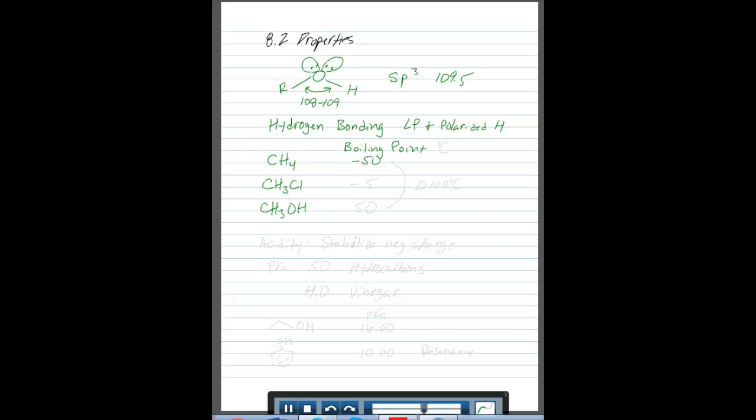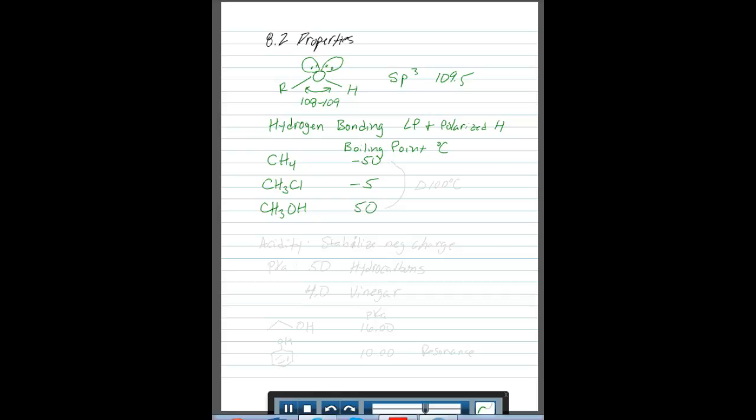Boiling point is -50. Remember, those are the van der Waals forces, or the London dispersion forces. With the methyl chloride, you have dipole-dipole bonding. So the boiling point is still much higher than methane, but still pretty low, -5. This is degrees Celsius. And then your methanol, 50.